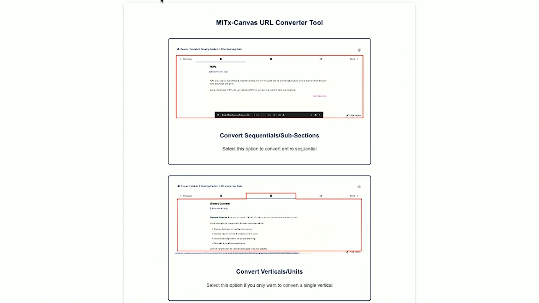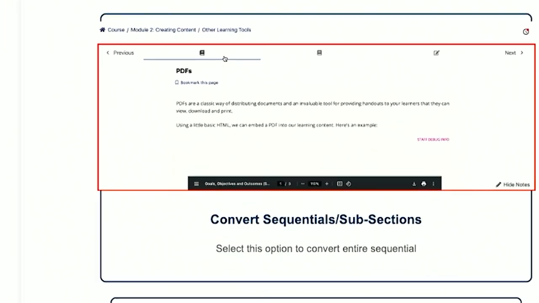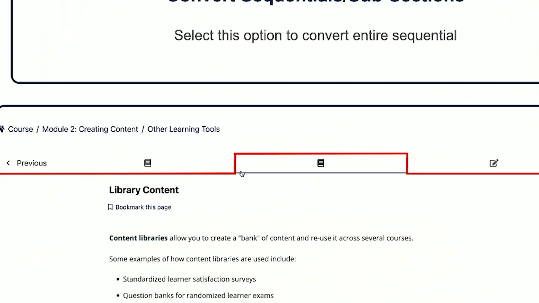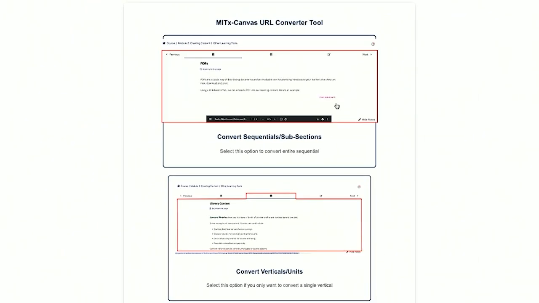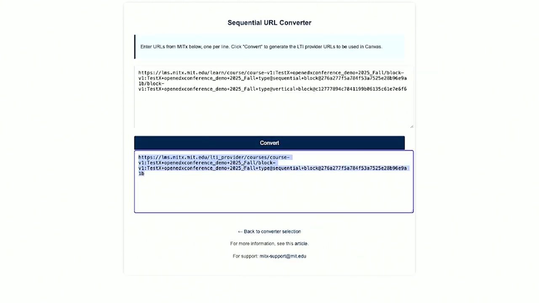It's a very simple tool that changes the syntax of this URL to the syntax that the LTI is expecting. We can do that for the entire subsection, or if we wanted to, just a specific vertical. For this, we'll just do the entire subsection. I'll paste that here, convert. Now we have the URL in the correct syntax.